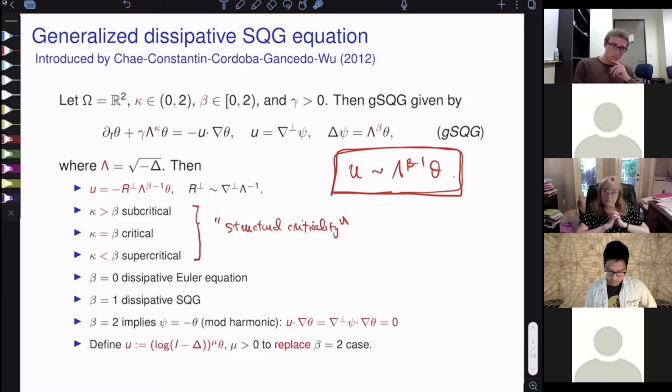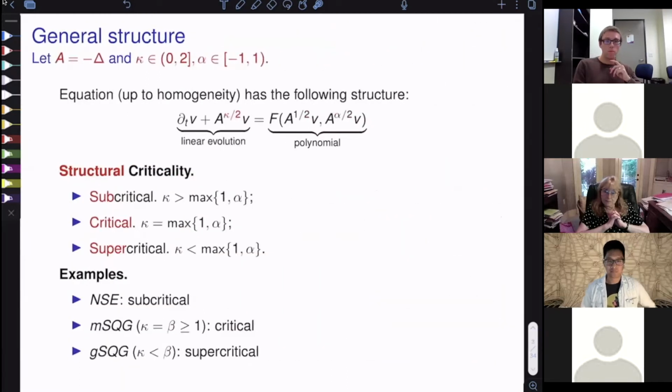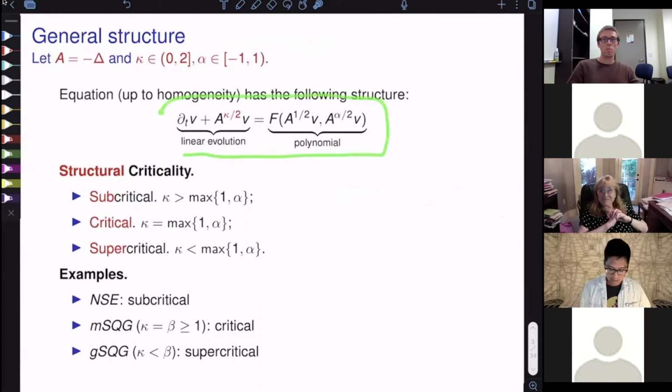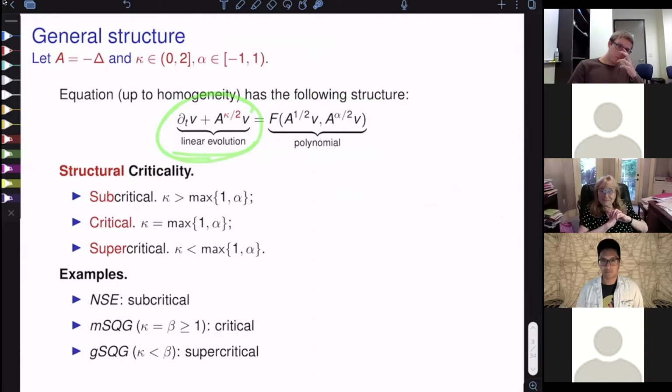Okay. So that equation, if we sort of remove or sterilize the equation, if you will, then we see that it essentially has this structure. So we have a linear parabolic evolution on the left-hand side, and then the right-hand side is given by a polynomial in the first derivative of v and alpha derivatives of v.